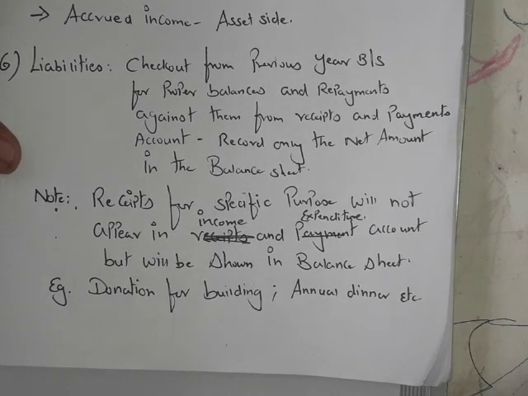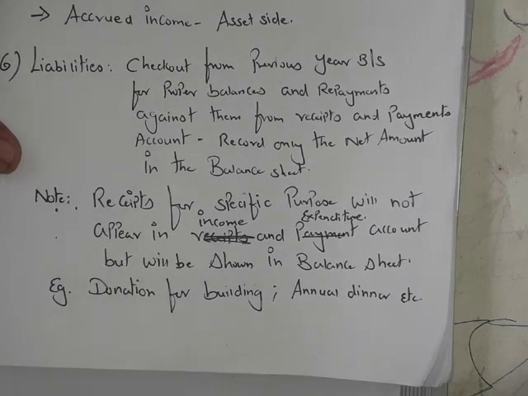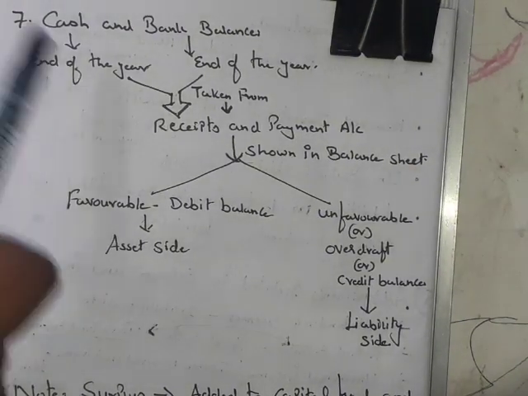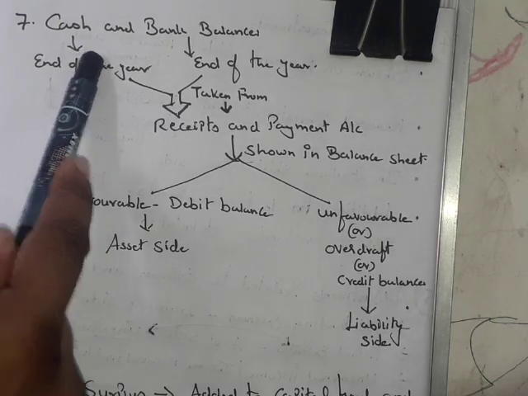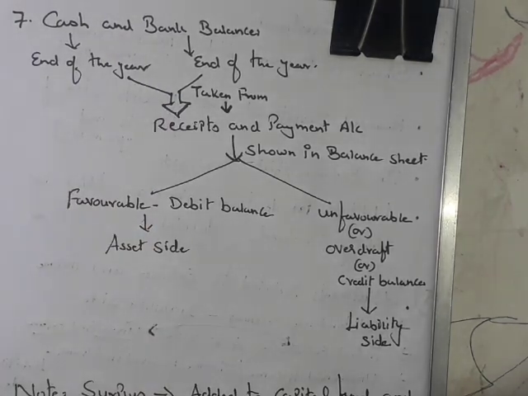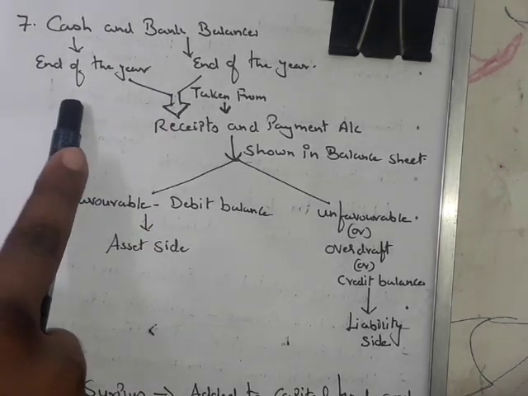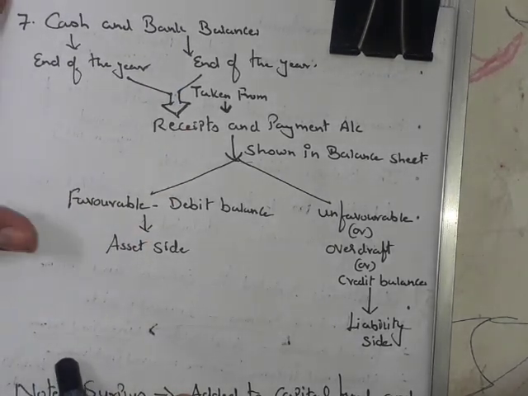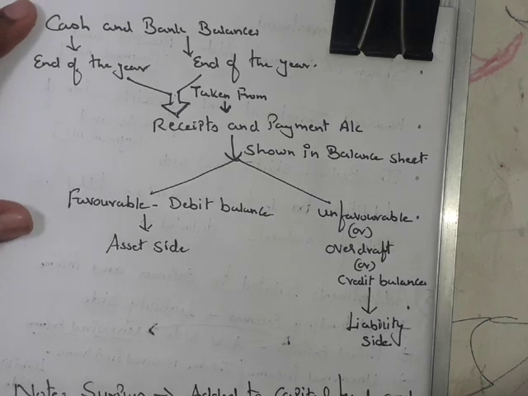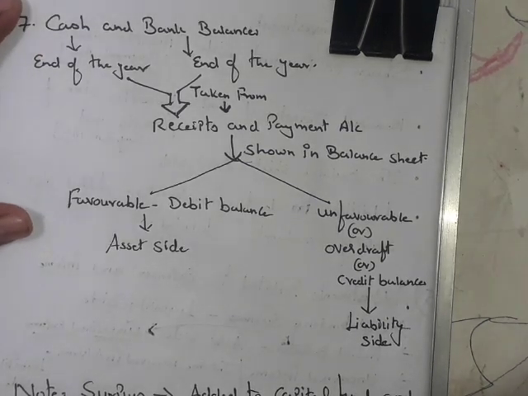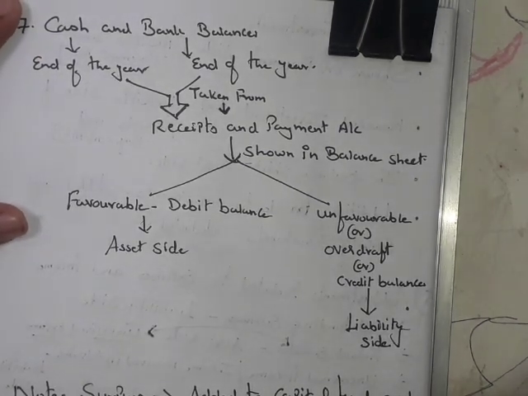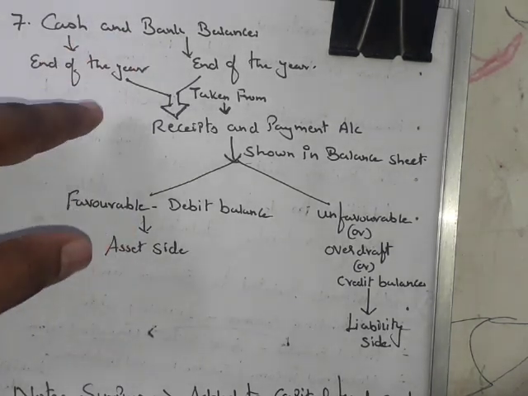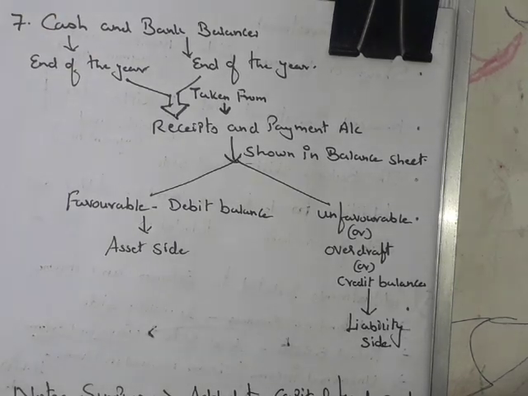The next important item which needs to be taken into the balance sheet is the cash balances and the bank balances. Cash and bank balance will generally appear on the asset side of the balance sheet, but you need to ensure the balance it shows and take a call accordingly.